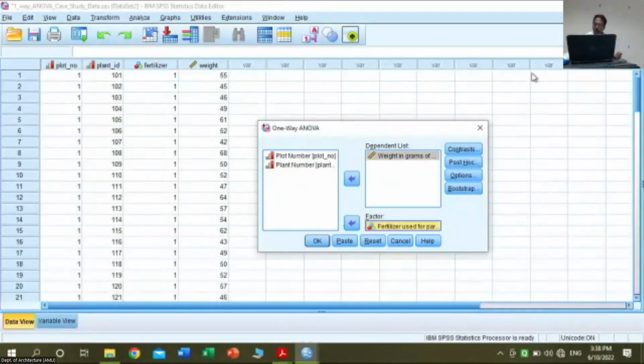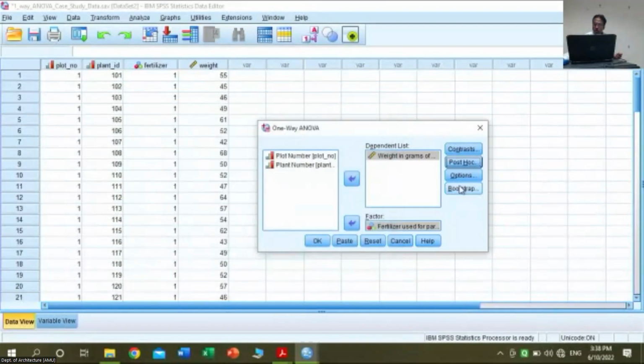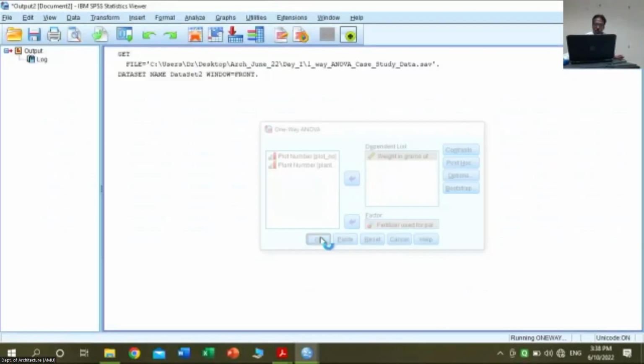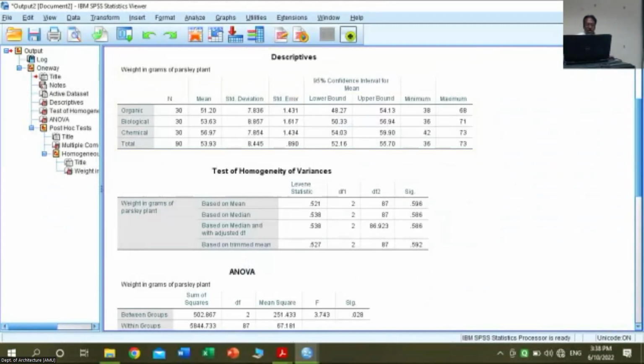फर्टिलाइजर यूज. ठीक, now again take the Tukey test for multiple comparison and in options, descriptive you can select, homogeneity test of variance, and then OK. See here, all the results are here, and you see the first test of homogeneity of variance.